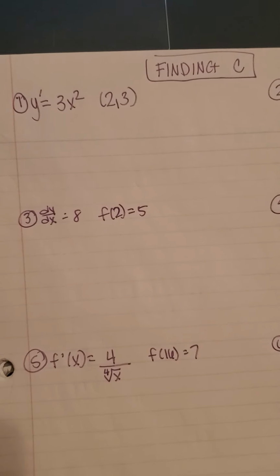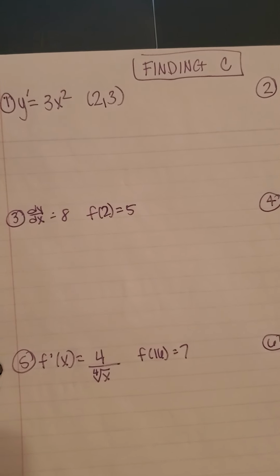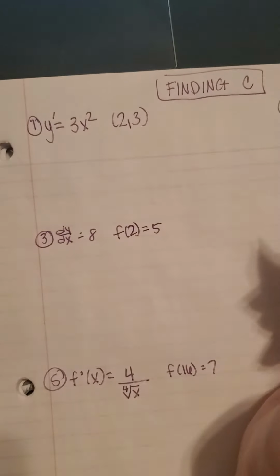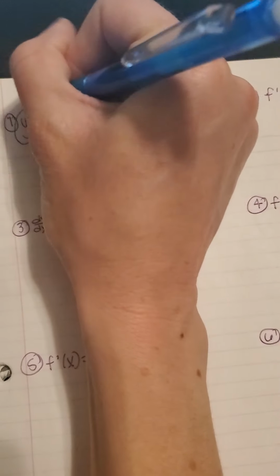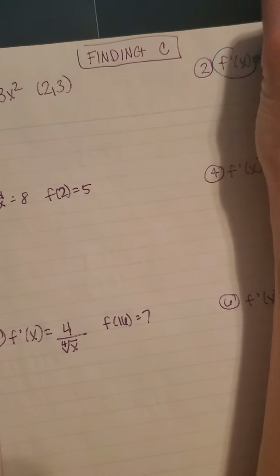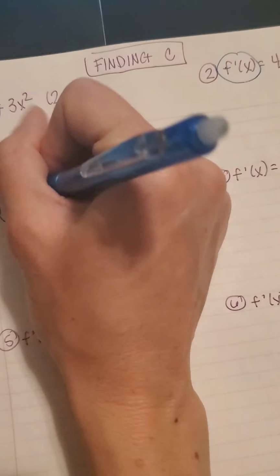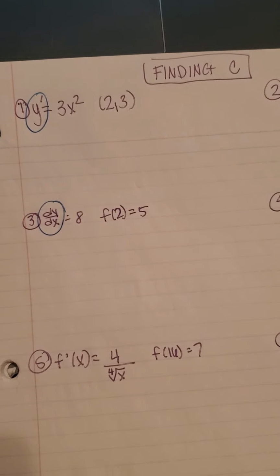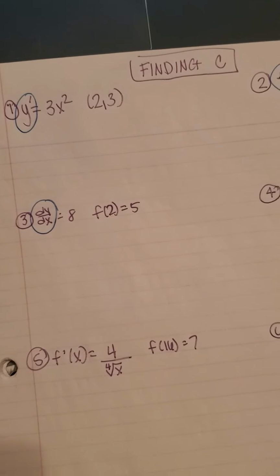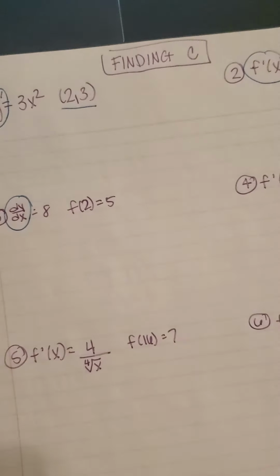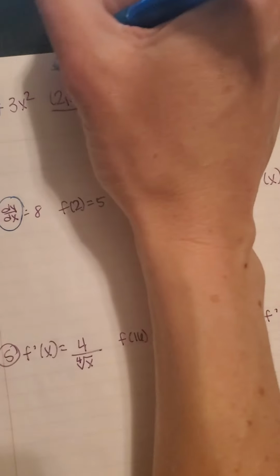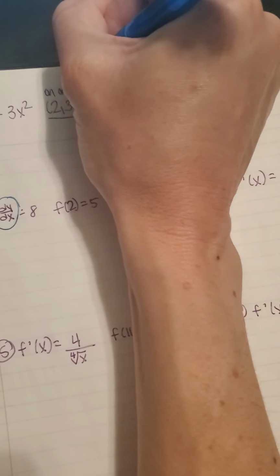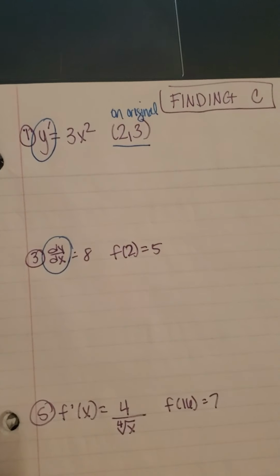So just like last week, we're going to be finding the antiderivative, or we're going to be integrating. All of these, right, y prime, f prime, dy over dx, those all mean that I'm giving you the derivative. And this information applies to what is happening on your original function.